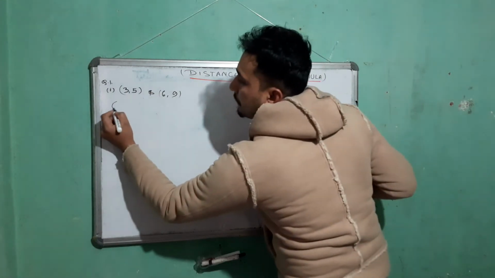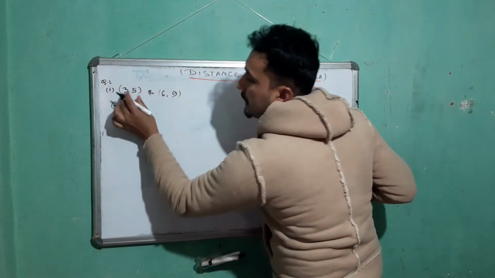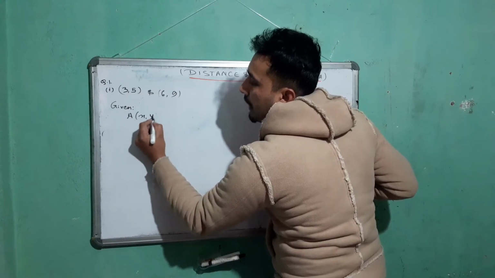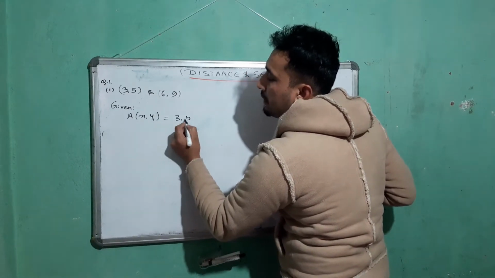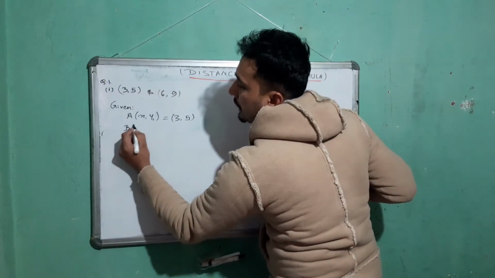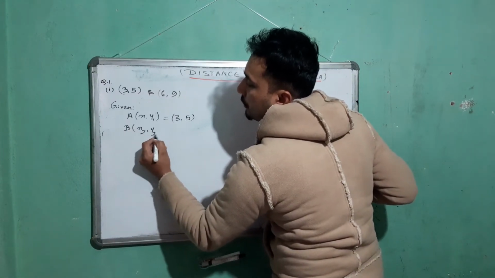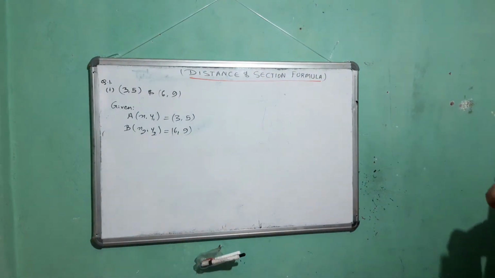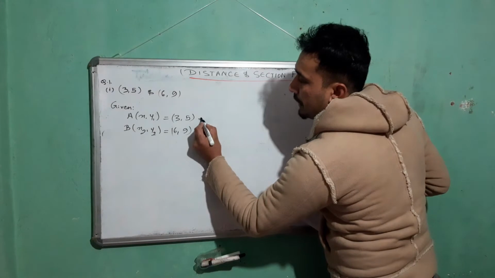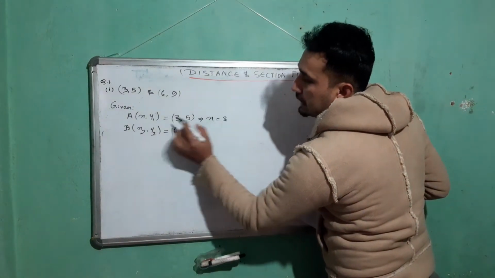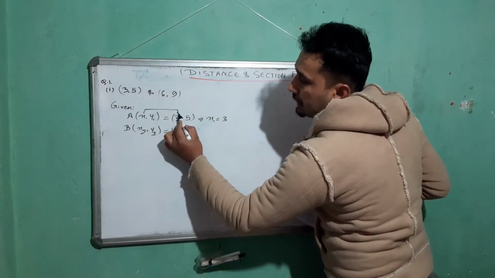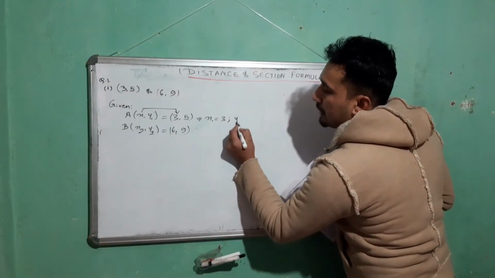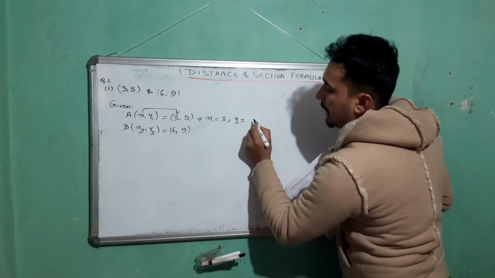Given, you can consider this point as A: x1, y1 is equal to 3,5, and B: x2 comma y2 is equal to 6,9. So from here the value of x1 is 3 and y1 is 5.